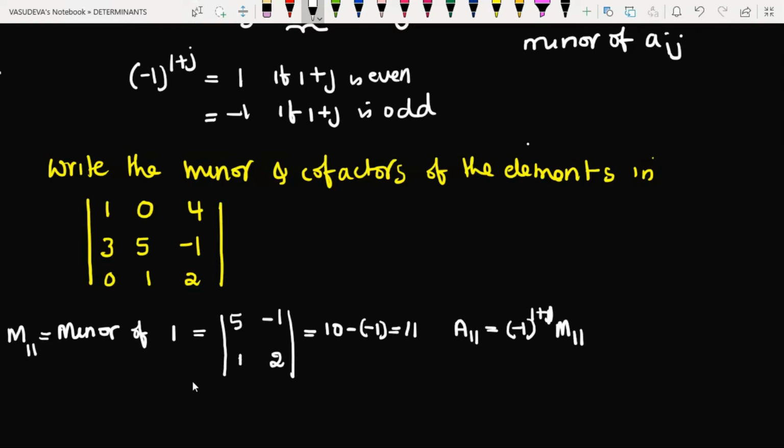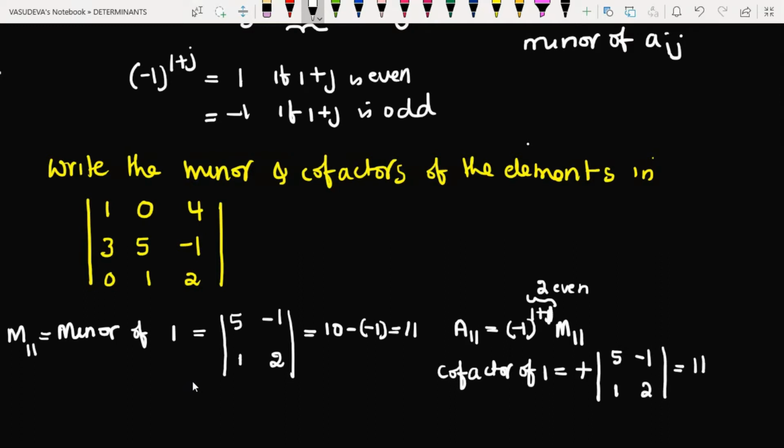So here we can find the cofactor of the element A11, the cofactor of 1, is (-1)^(1+1). This 1 plus 1 is 2, it is even. So therefore it is plus 1 times the determinant of 5 -1, 1 2, which we already found equal to 11.